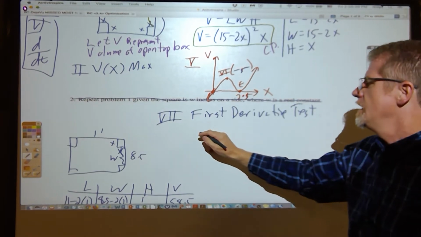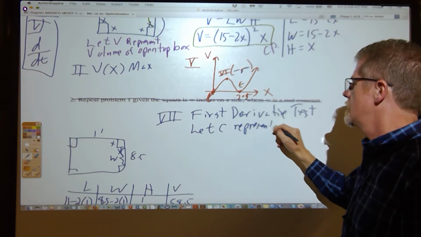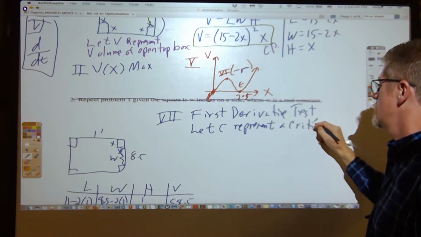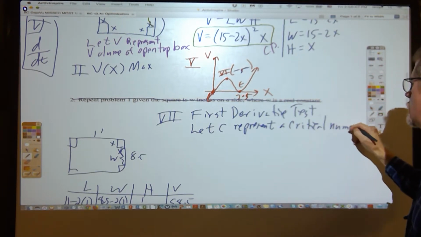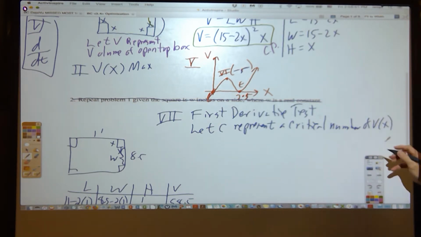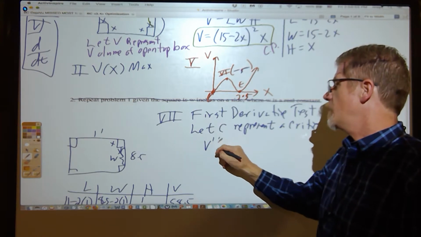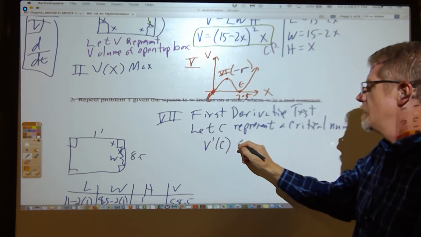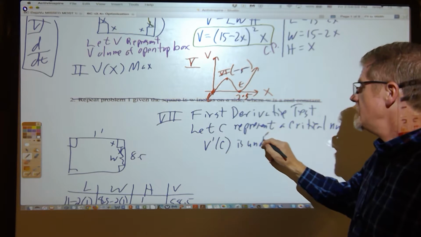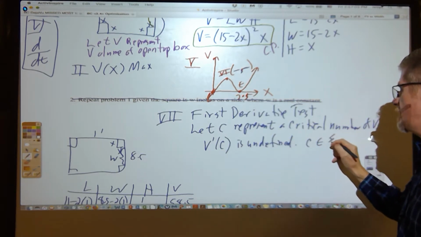Okay, here we go. Let C represent a critical number of v of x. There's two ways to get critical numbers. One is to have v prime of C undefined, and that happens when C is an element of the empty set.